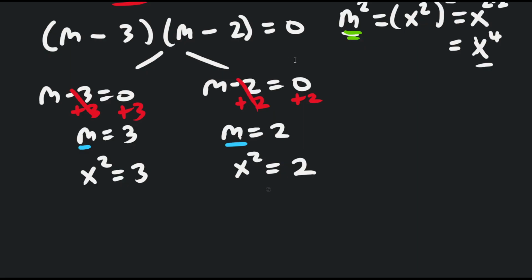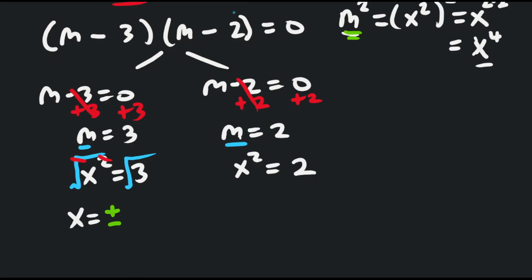And now we can solve for x, and we can go ahead by taking the square root of both sides. So radical here. That radical will cancel out the square, and we are left with x equals, and don't forget, we just took a radical of both sides in an equation. So whenever we do that, we have to put that plus minus.